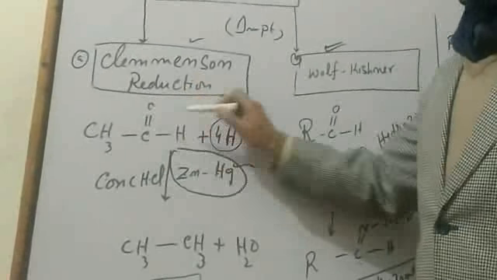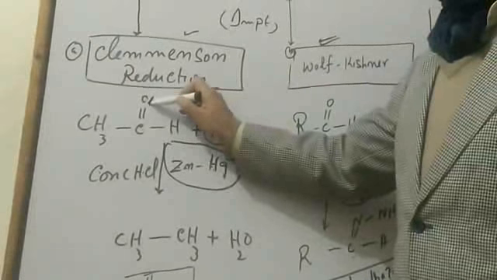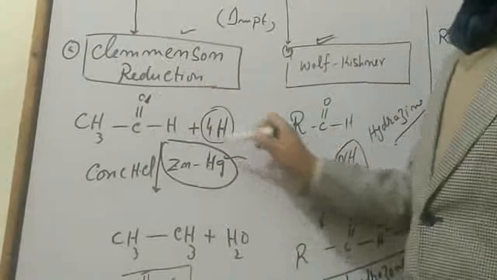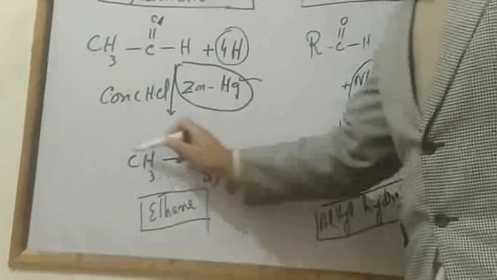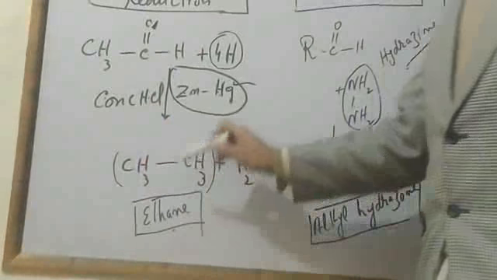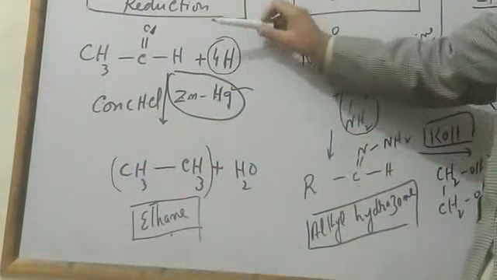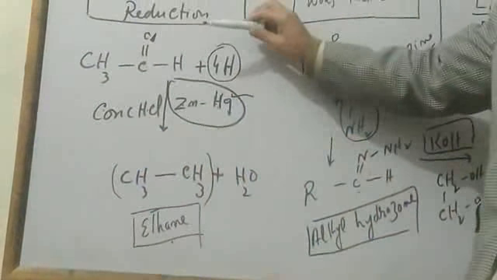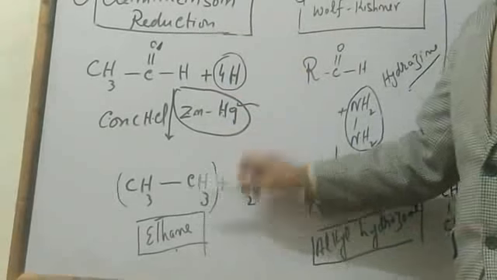And in the second step, two hydrogens are utilized in removing the oxygen from the alcohol to give you alkane. And here it is ethane. So here the two processes are taking place simultaneously. Two hydrogens are added to this compound and two hydrogens are used to remove oxygen, and finally you get ethane.